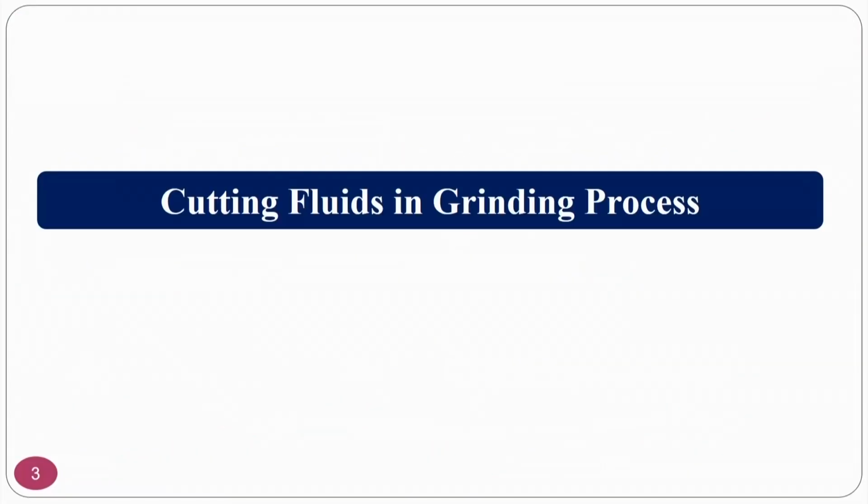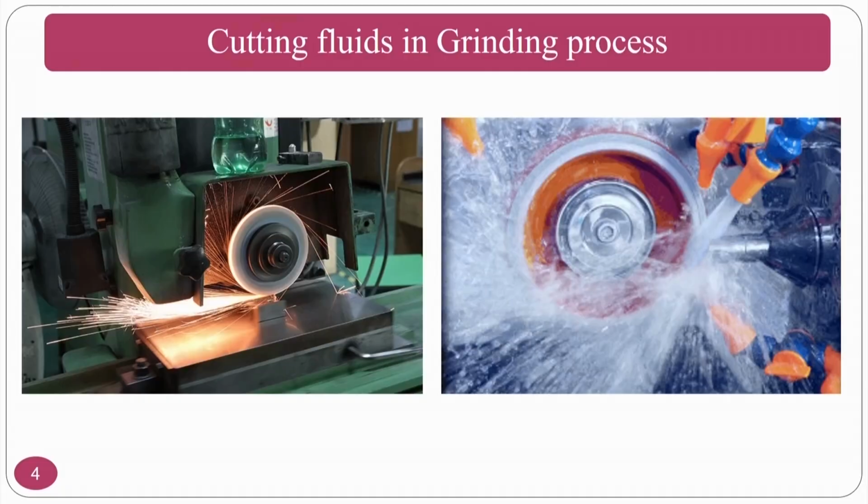The cutting fluids in the grinding process, just to overview what we have seen in the previous class: if you are not using cutting fluids, the spark will come. This is called dry grinding and this is called wet grinding. If you don't use cutting fluid, what will happen?